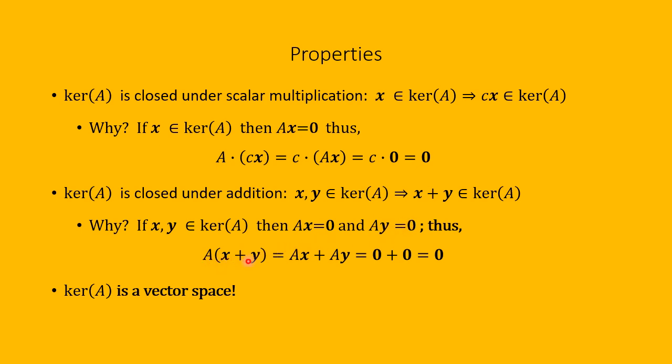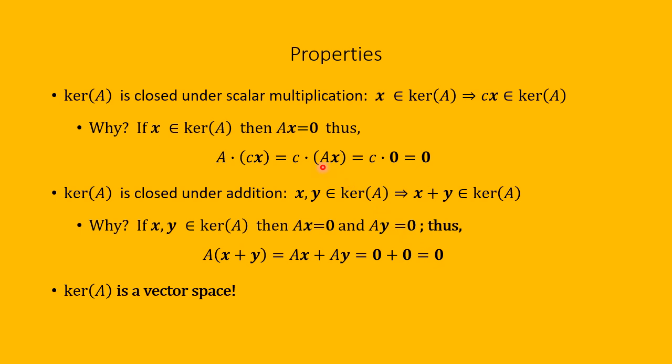Thus, A times the vector x plus y, using properties of matrix multiplication, is equal to A times x plus A times y. But A times x is the zero vector, A times y is the zero vector. So this equals 0 plus 0, and the sum of two zero vectors is just the zero vector.